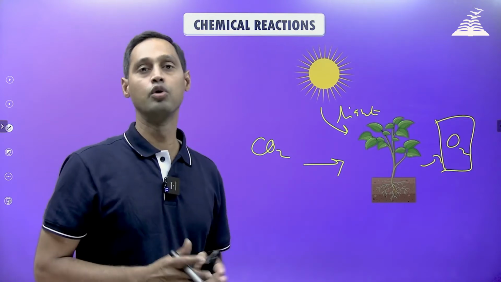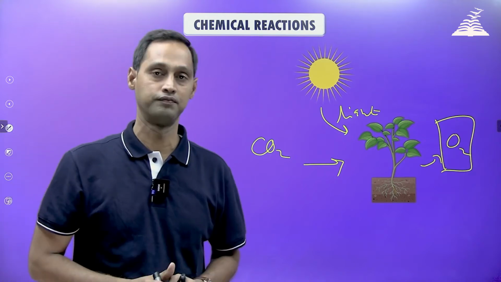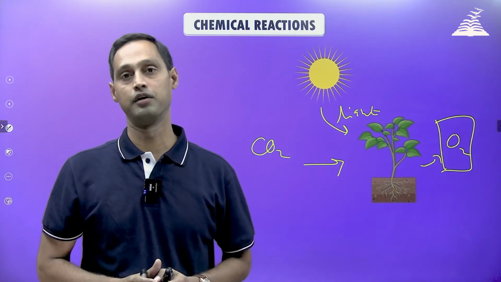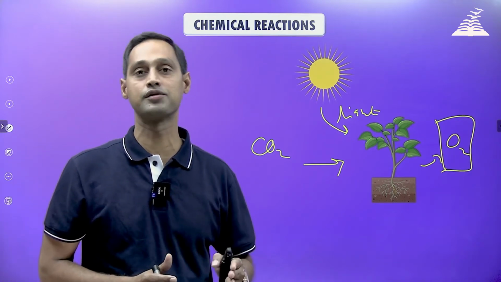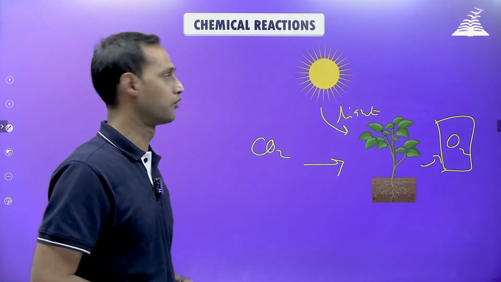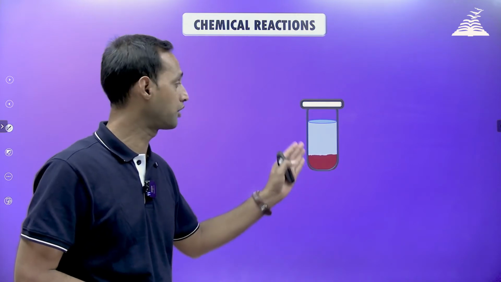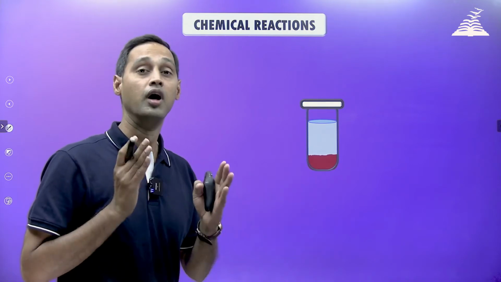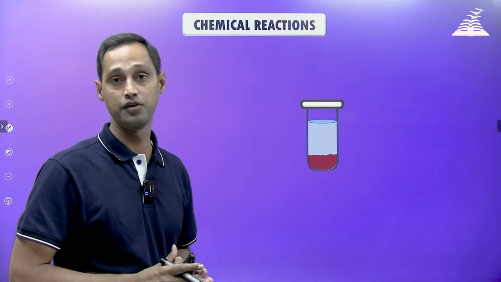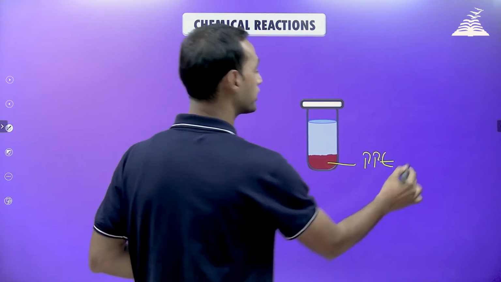right? So how do you know whether a substance has undergone a chemical change or not? How to identify? Yes, there are some indications for chemical change. We will now take a look at these things one by one. Formation of precipitate. Formation of precipitate is one of the indications for a chemical change. This is a precipitate.